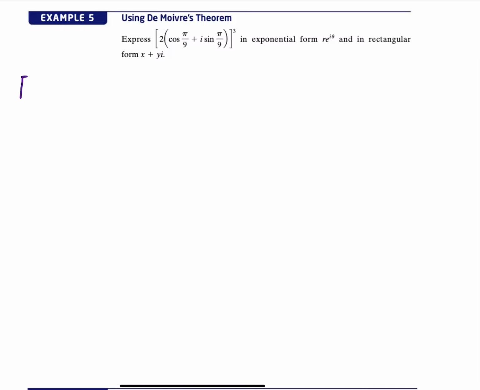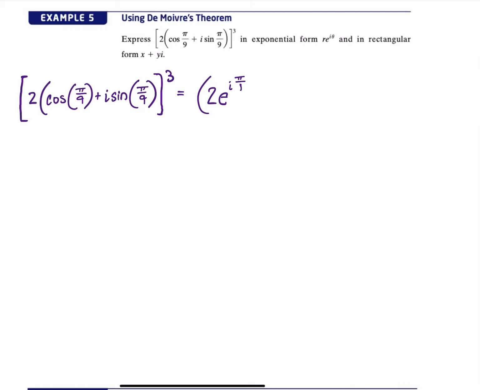So we're taking 2 times the cosine of pi over 9 plus i times the sine of pi over 9. That's like our z, and we're raising it to the third power. If we express this in exponential form, that would be 2 times e to the power of i pi over 9, raised to the third power.